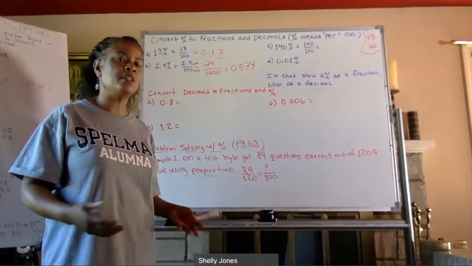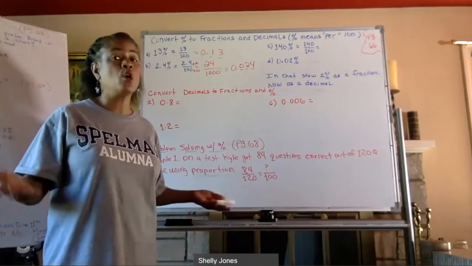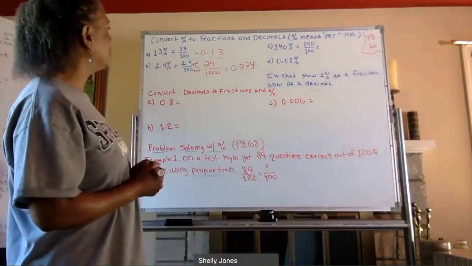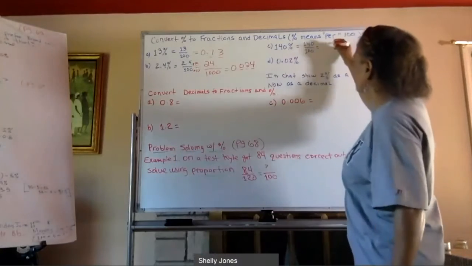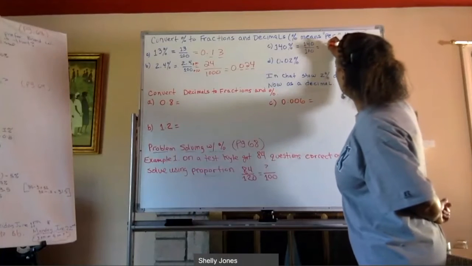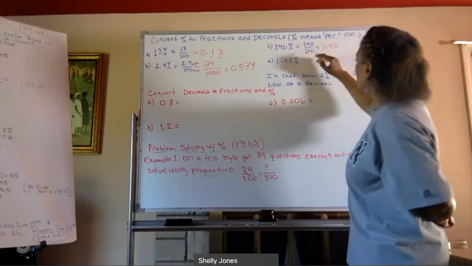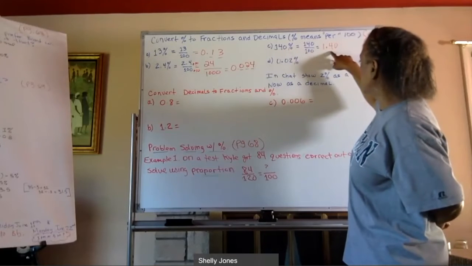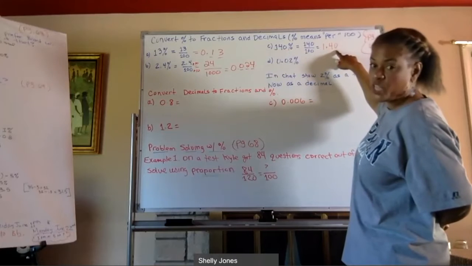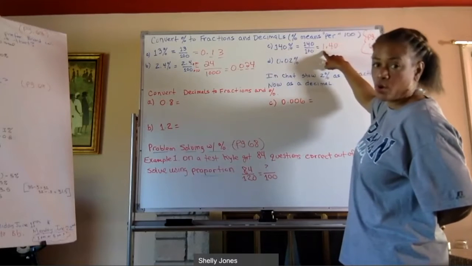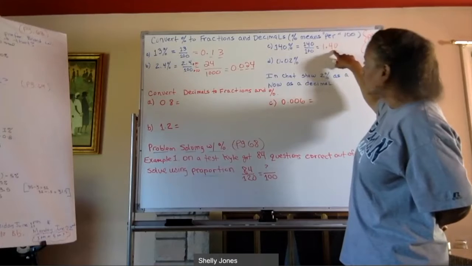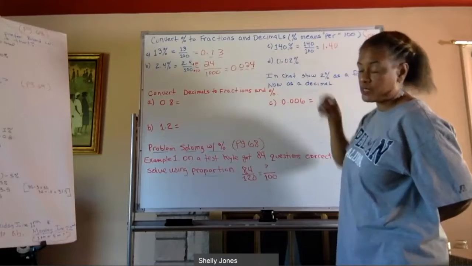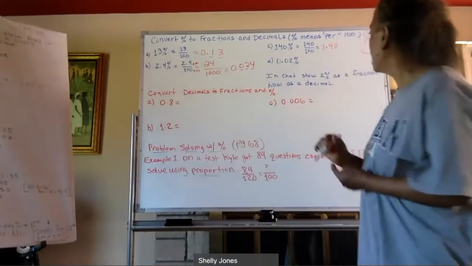So 140% is already telling me that I have at least one whole thing. 140 over 100 would make it 1.40, because I have one whole thing plus 40 more percent. 40% is 40 hundredths. So that's like saying I have one whole and 40 hundredths.